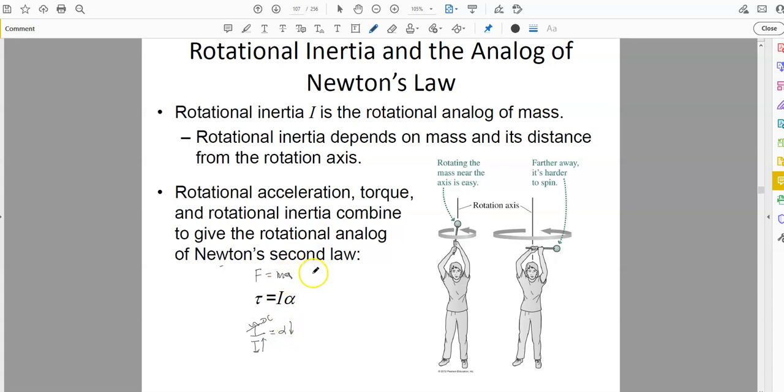Just like mass, force over mass is equal to acceleration. A larger mass is going to have a lower acceleration. Well, the same kind of concept applies here. A larger moment of inertia is going to have a harder time changing its current state of motion. Okay, so that's how moment of inertia is conceptually interchangeable with mass, and that's how moment of inertia is related to this concept of changing acceleration.